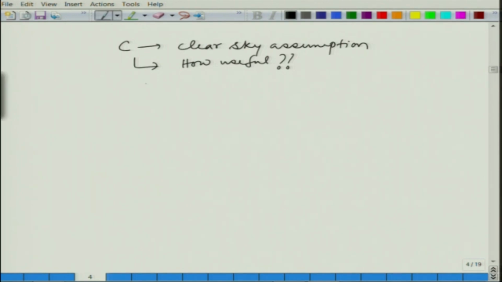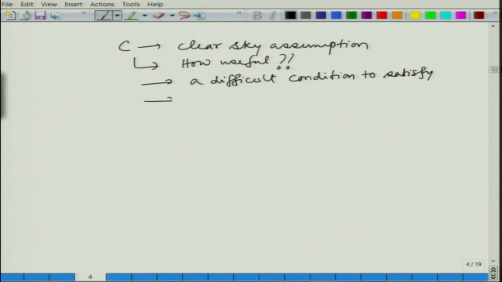Okay. So, difficult condition to satisfy. So, a lot of data you have to discard just due to not a clear sky condition. Okay. So, that is not a good thing to have.